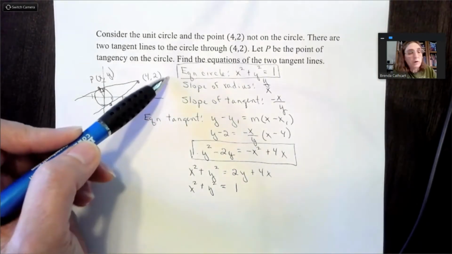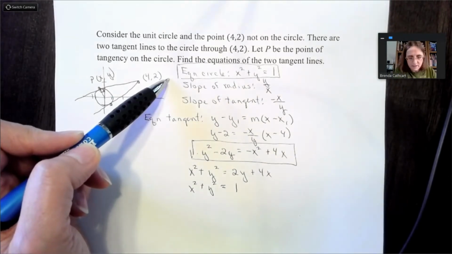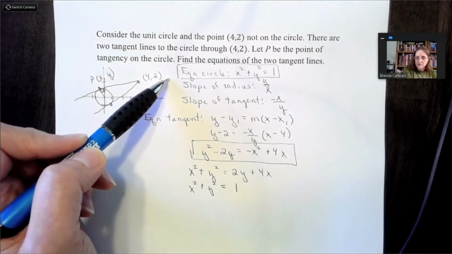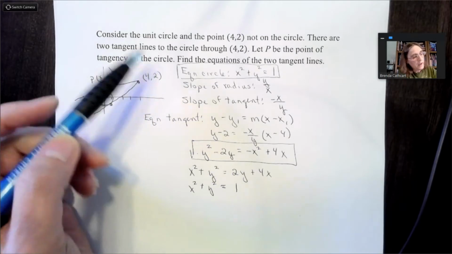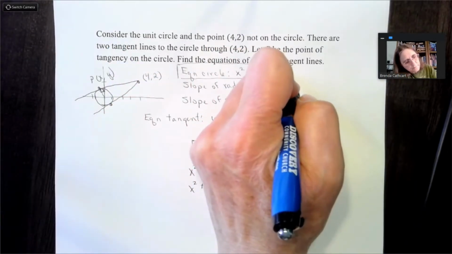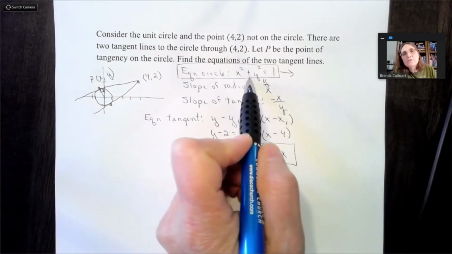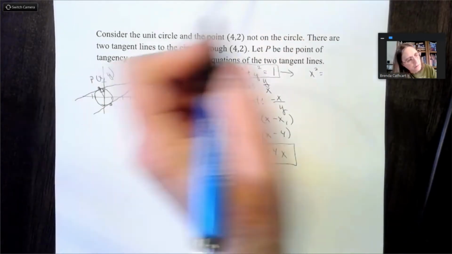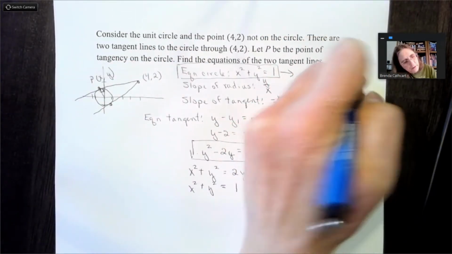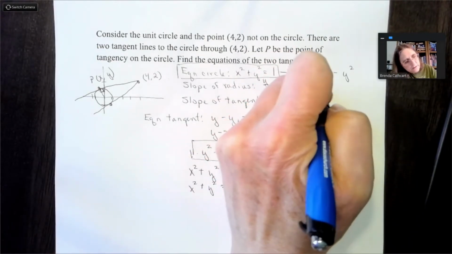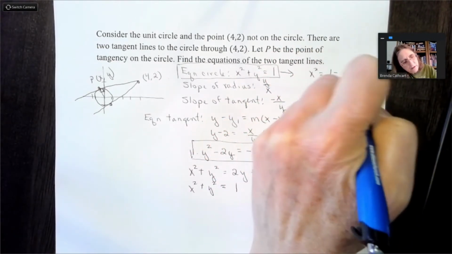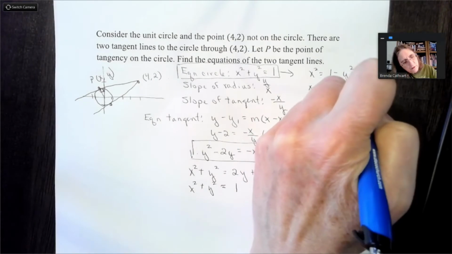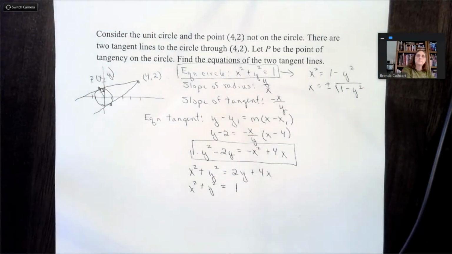So let's take our equation of that circle and let's solve it for one of the variables. Let's solve it for x. Taking this and solving it for x, we're going to have x squared equals 1 minus y squared, or x is equal to the positive or negative square root of 1 minus y squared.